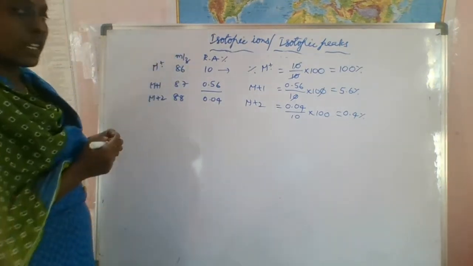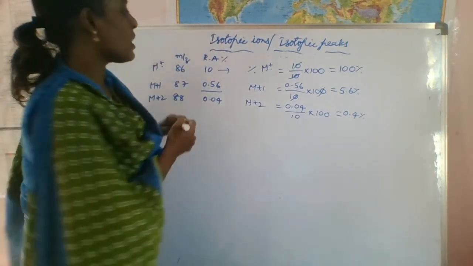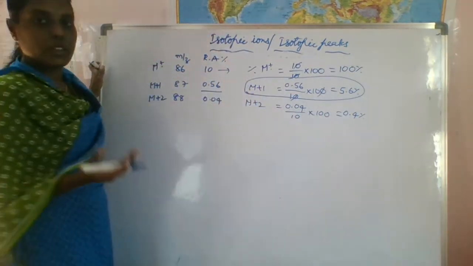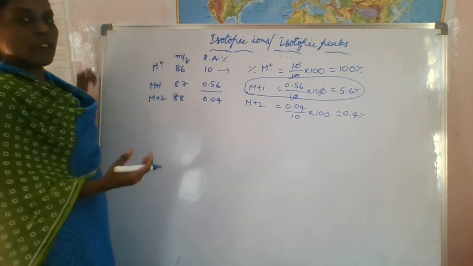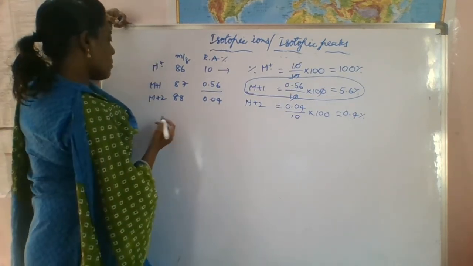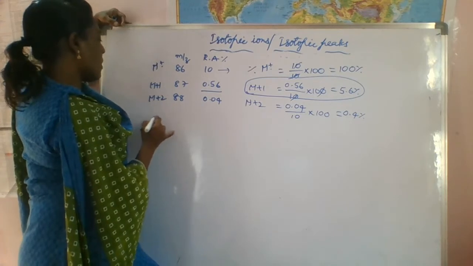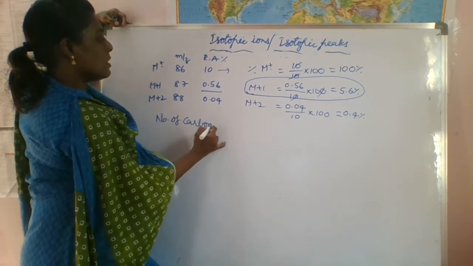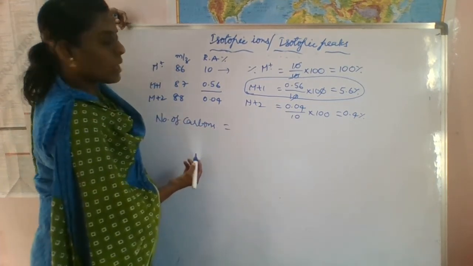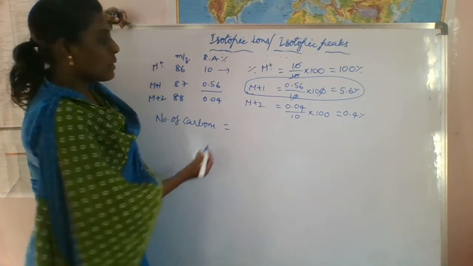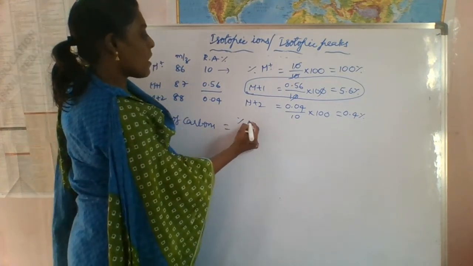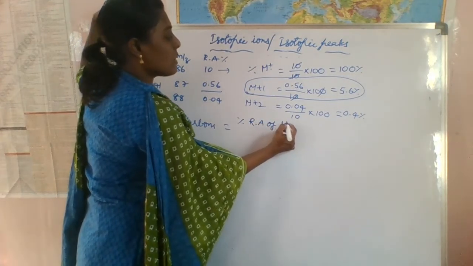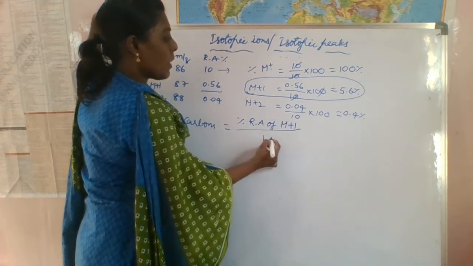So how can you calculate? We have the information about the M plus 1 ion peak, and then we can calculate the number of carbon atoms. There is a formula: number of carbon atoms equals the percentage of relative abundance of M plus 1 peak by 1.11.